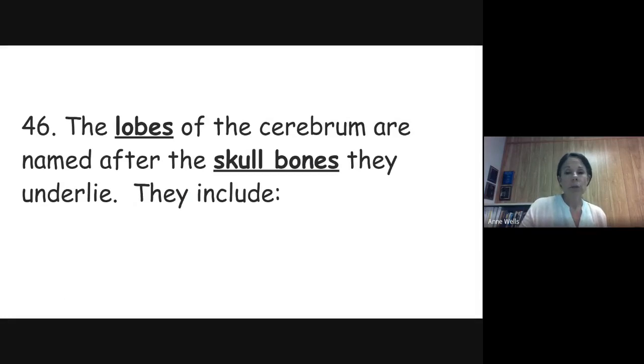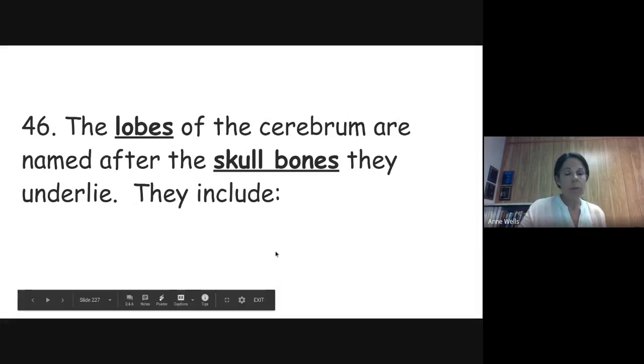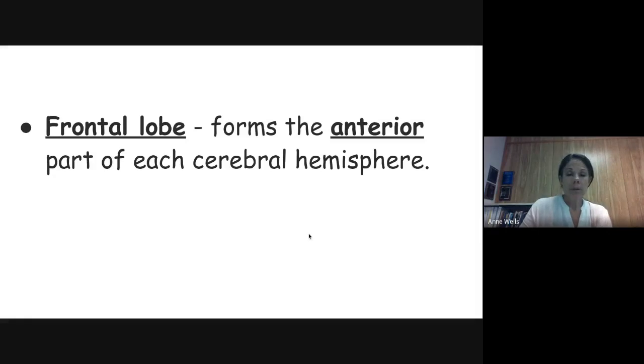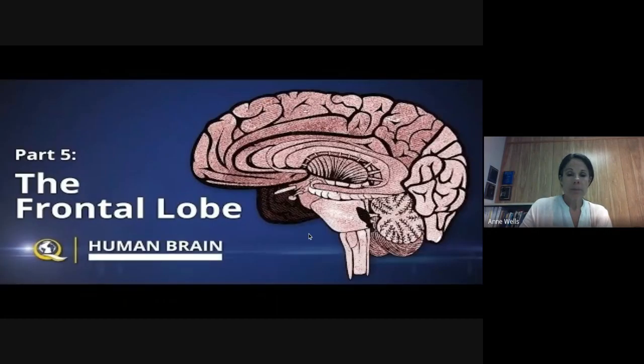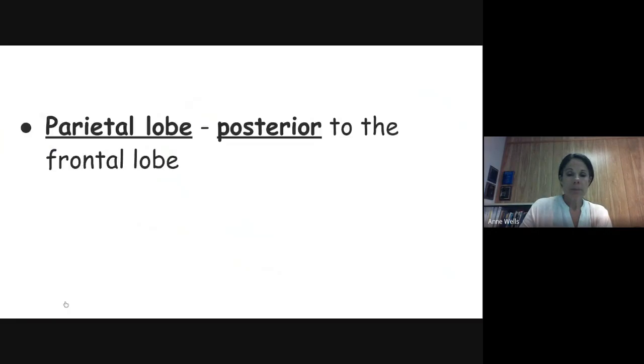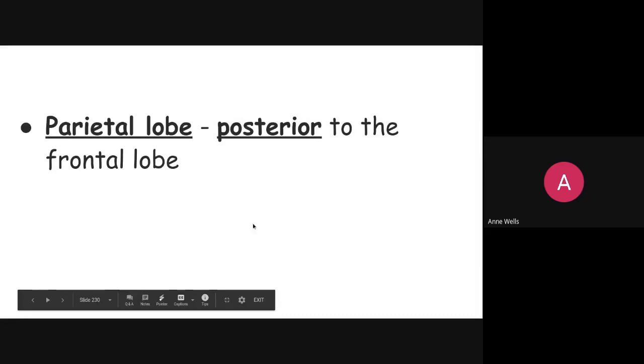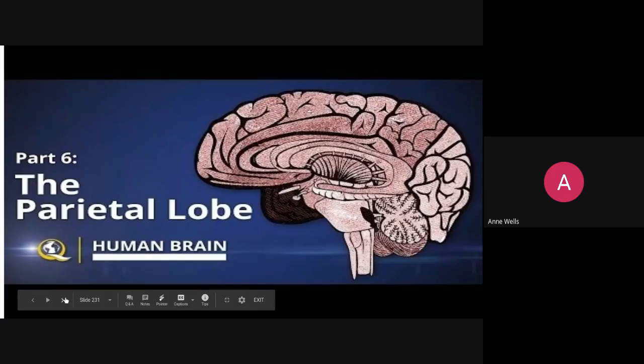Number 46, the lobes of the cerebrum are named after the skull bones they underlie, so that makes them easier to remember. They include the frontal lobe, formed by the anterior part of each cerebral hemisphere. So I did do a video on each of these lobes. The parietal lobe, remember the bones of your skull that we've already studied. This is posterior to the frontal lobe.